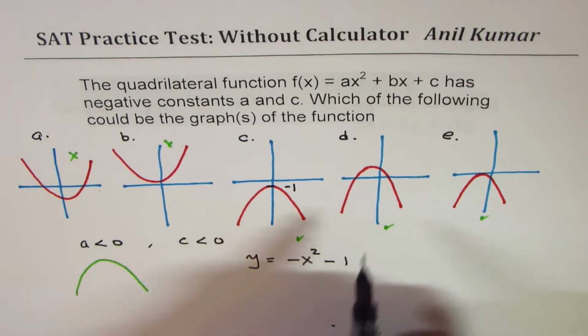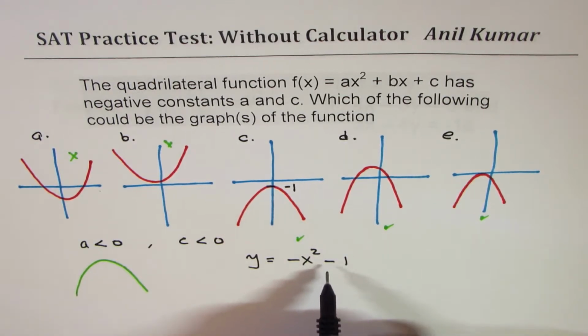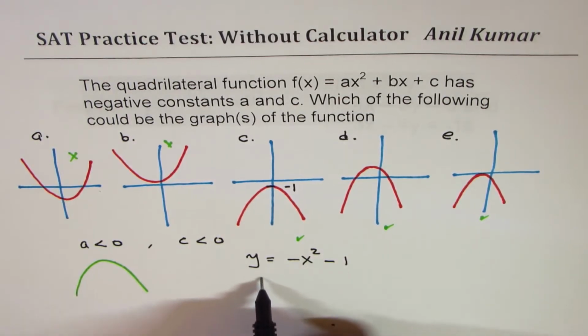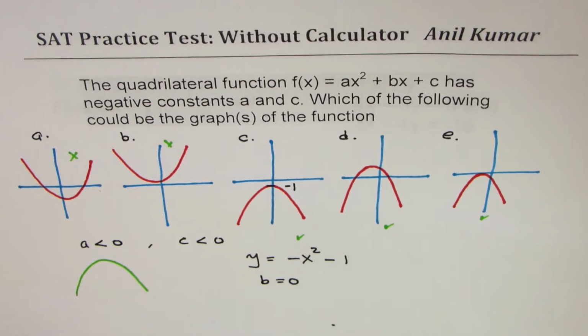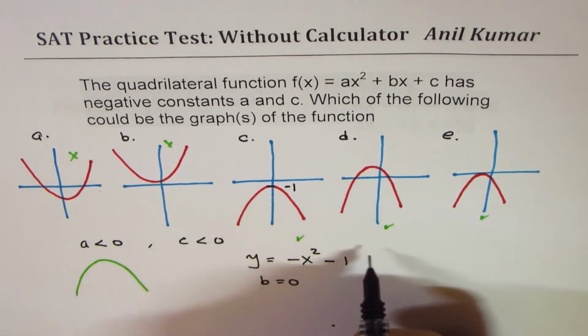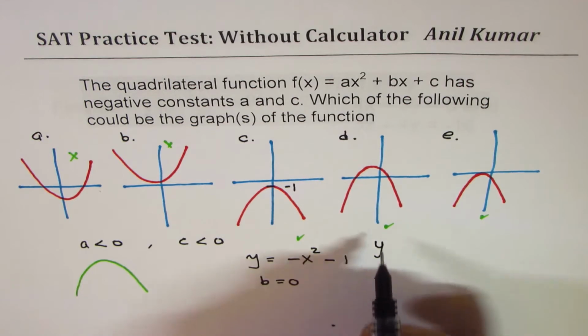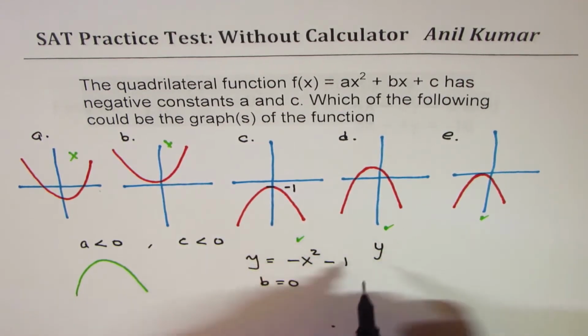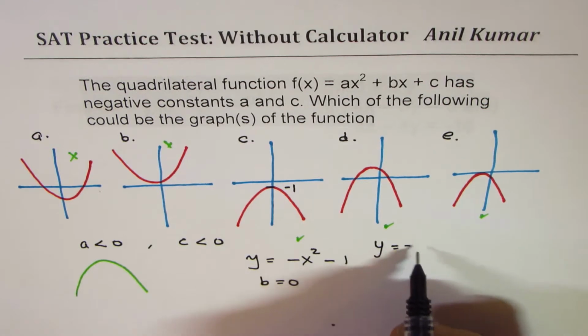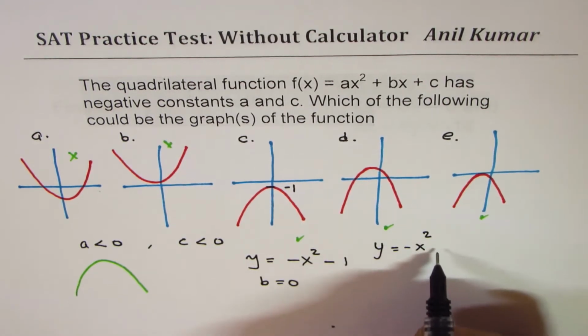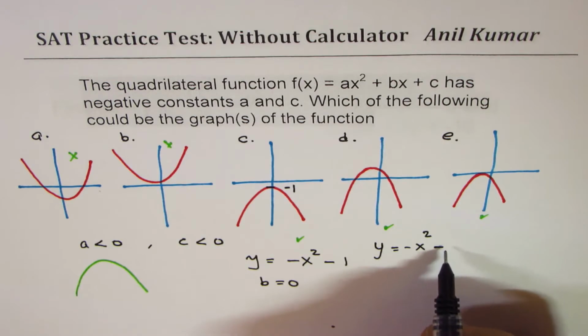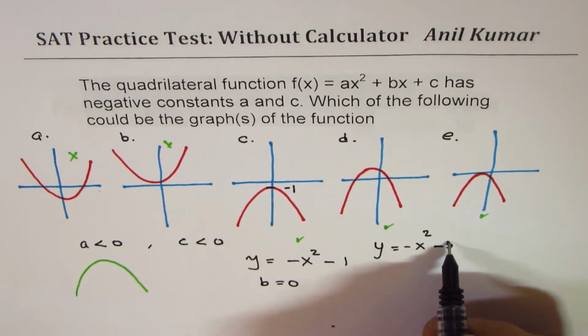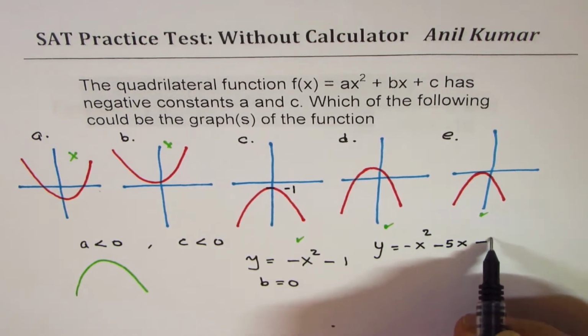Now see what happens if I increase the value of b. In this particular case, I am taking b as equal to 0, right? Now here what happens if I take the value of b as, let us say, a large value? So we have y equals minus x squared, and let's say b is minus 5x and then minus 1.